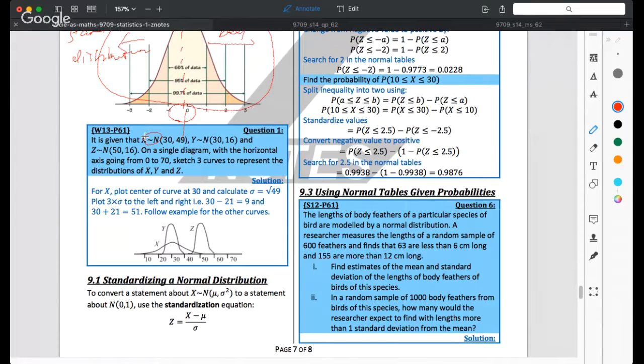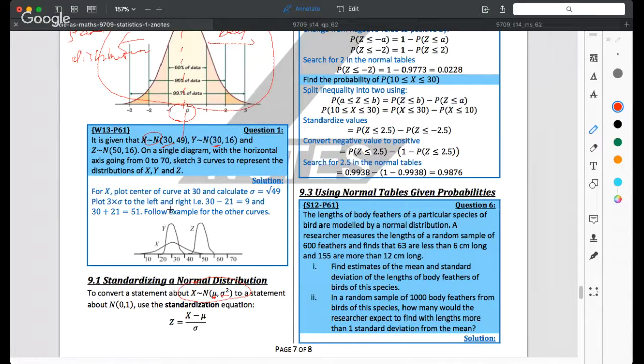If I have a normal distribution, the first value is the mean of the distribution, and the second value is the variance. The first value measures the location of the graph, and the second value measures the spread of the graph. So for X and Y, they both have a mean at 30.